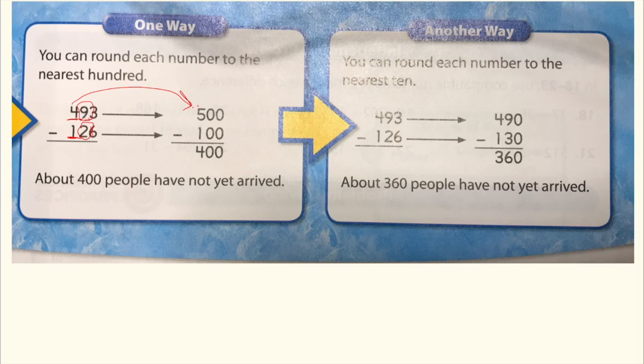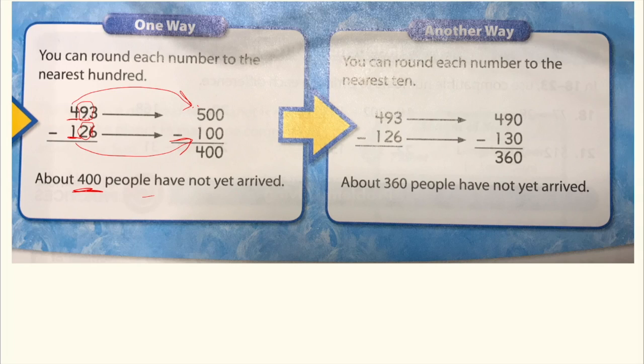I went too far. 2 is 4 and below. So the 1 stays the same, and all the numbers after it are 0. And now you can subtract. 5 minus 1 equals 4. About 400 people have not arrived yet.